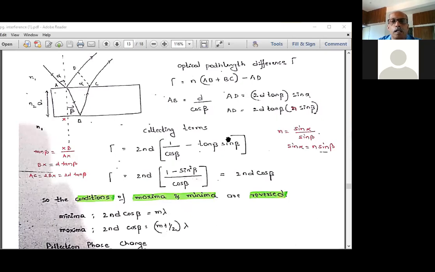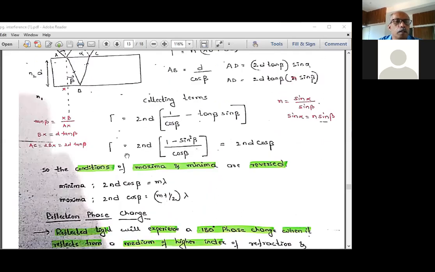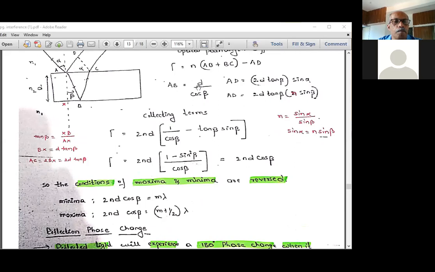Earlier I called it t in the above expression, but here it is called d, no problem, right? Therefore, cos beta is adjacent, that is d divided by AB, or AB is equal to d by cos beta.